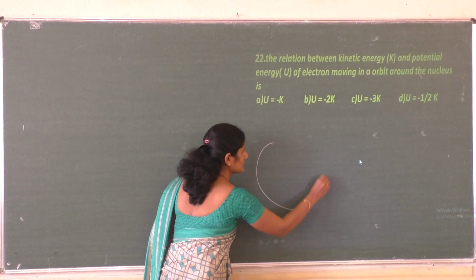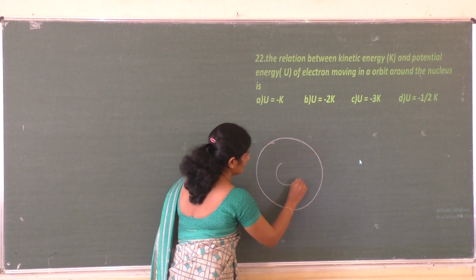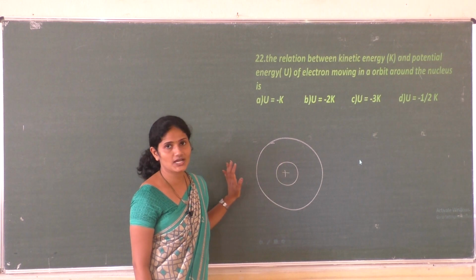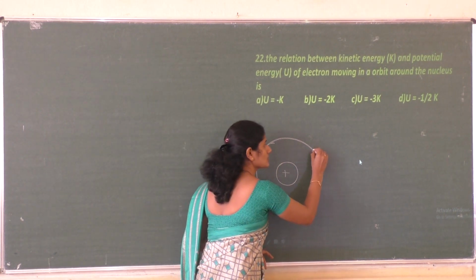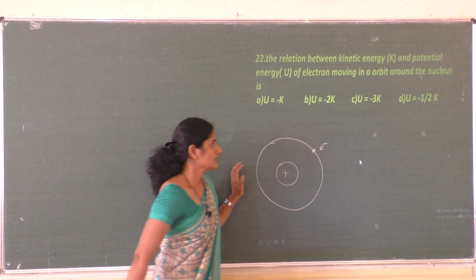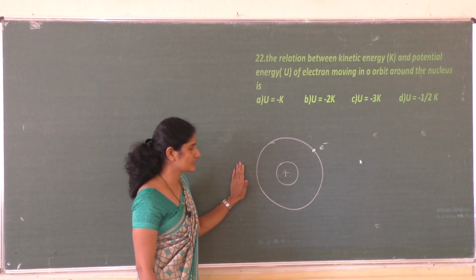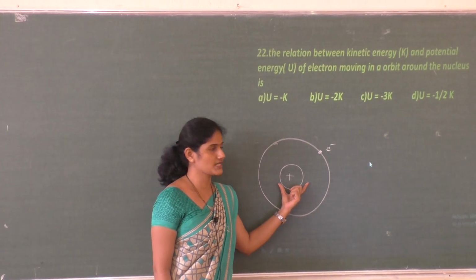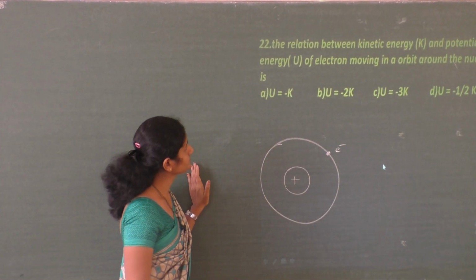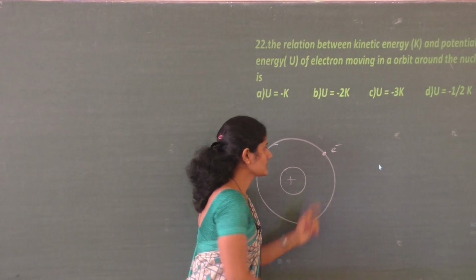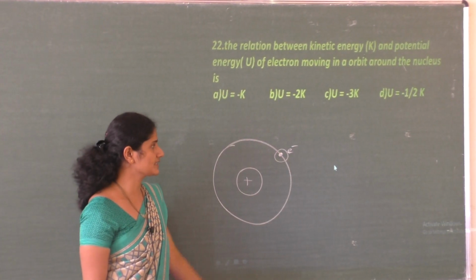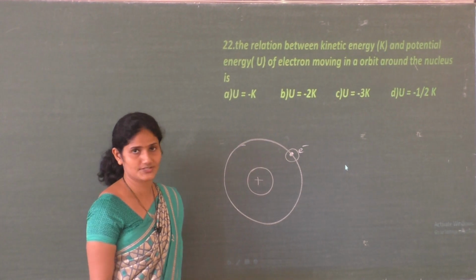So we know that electrons are revolving around the positively charged nucleus. Electrons are negatively charged particles and they are moving around this positively charged nucleus. These electrons have some energy, with which they revolve around the nucleus.